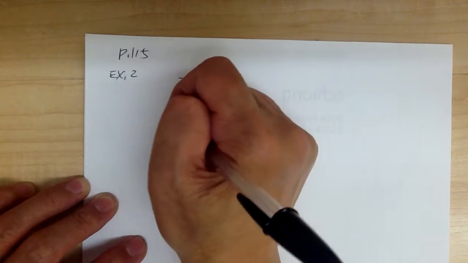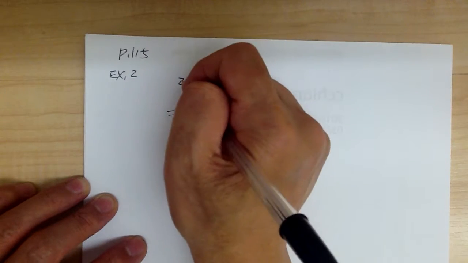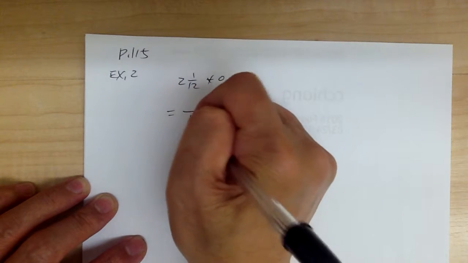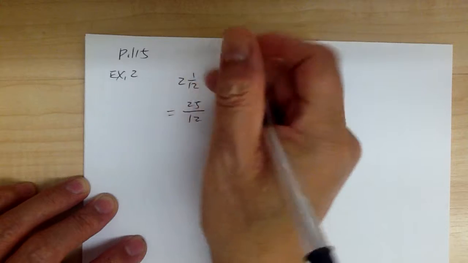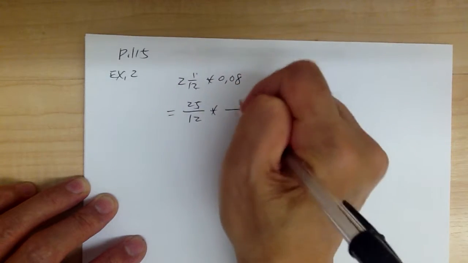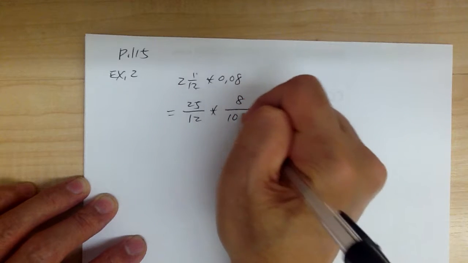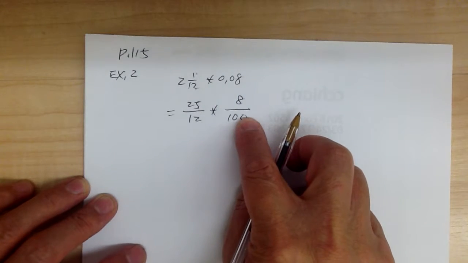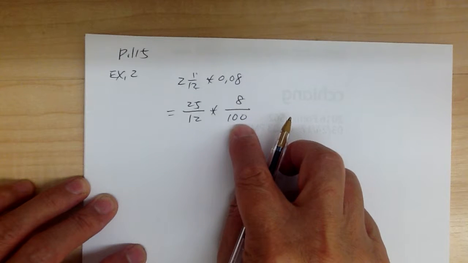So I'm going to convert this into fraction. It's easier to do. So 2 and 1 over 12, when you convert, becomes 25 over 12, right? 2 times 12 is 24, plus 1 is 25. And this one is 8 over 100, because there are 2 decimal places, so you're going to get 2 zeros. So from here, you're going to start to cancel things out.